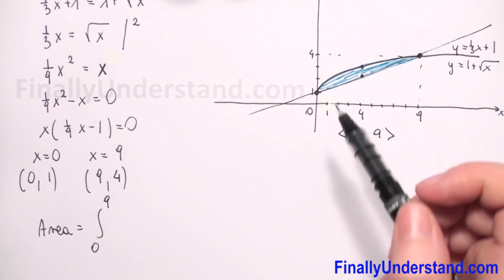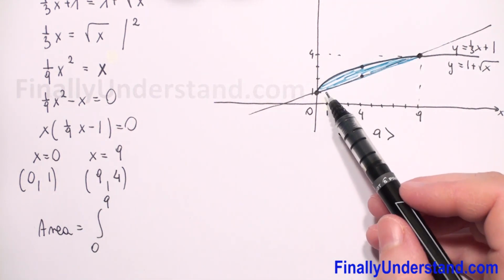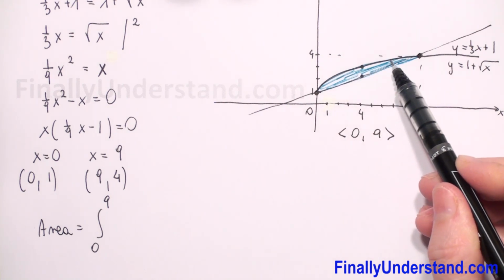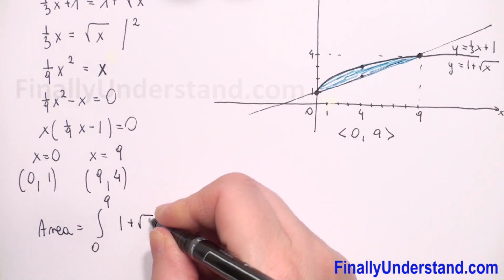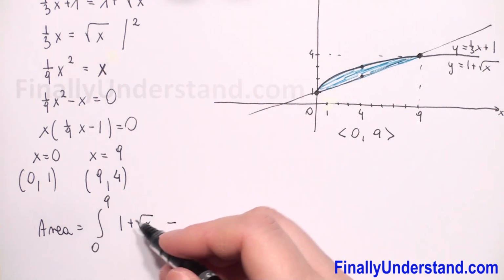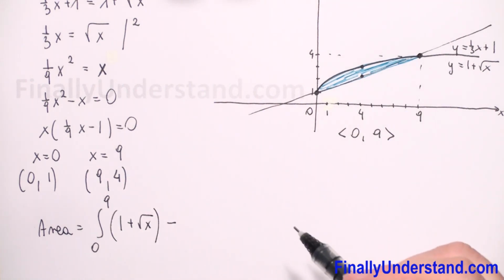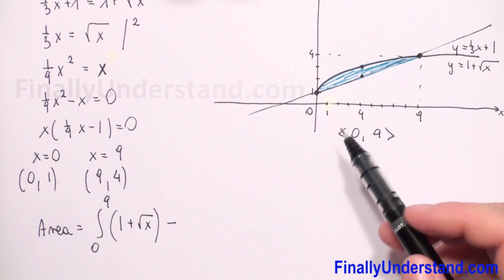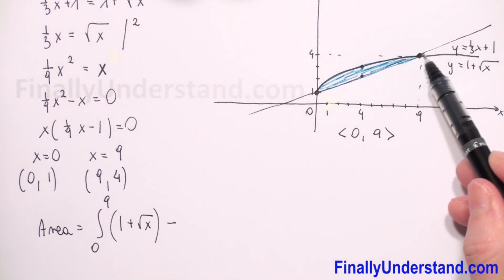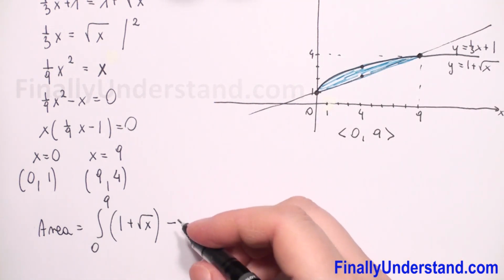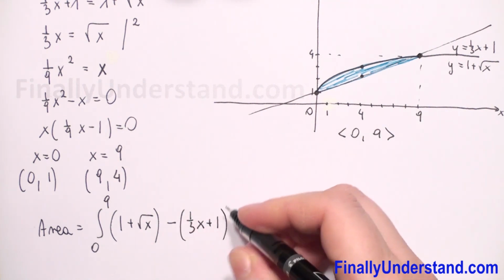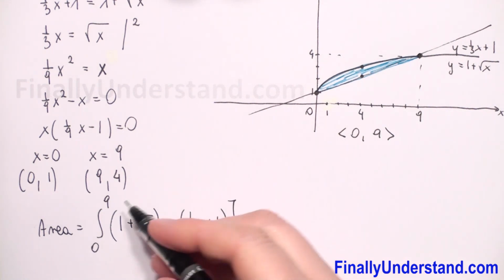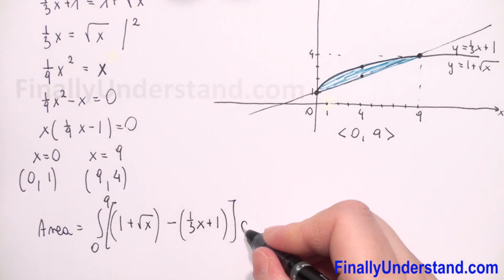First, we have to plug in the function which is upper. Upper is 1 plus square root of x, and we have to subtract the function which is lower. The lower is 1/3 x plus 1. And we have the integral with respect to x.